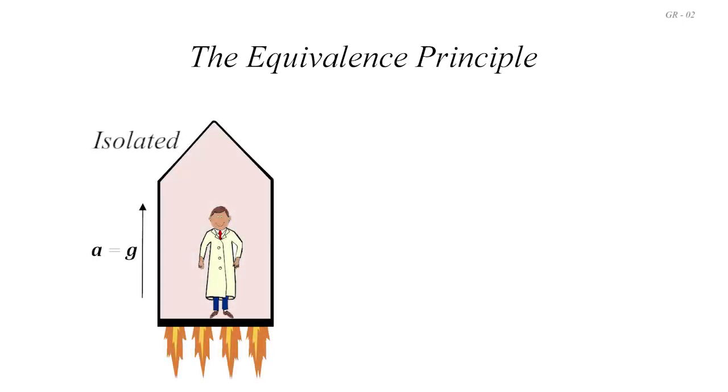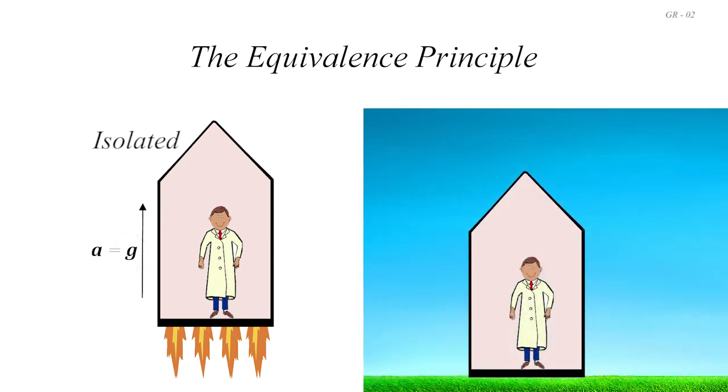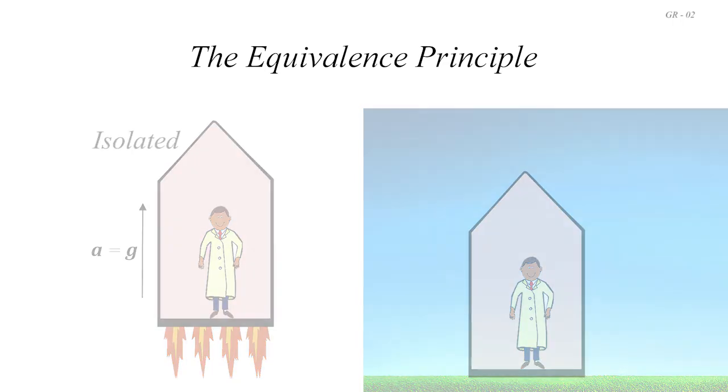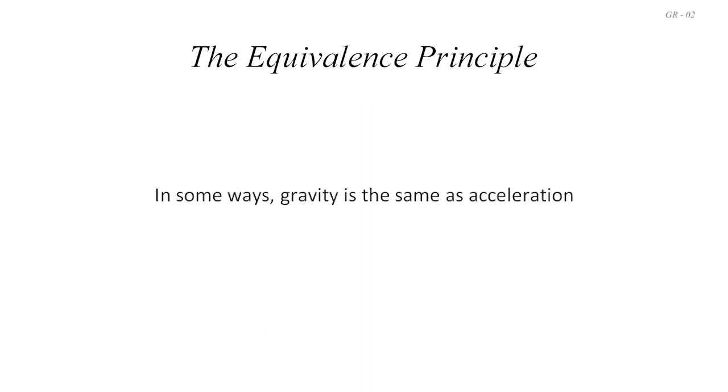Now, the equivalence principle says that these two situations, an isolated rocket which has a constant acceleration g, and a rocket resting in a uniform gravitational field on the surface of the Earth, are indistinguishable from one another. You cannot tell them apart. We'll state that vague equivalence principle again: in some ways, gravity is the same as acceleration.